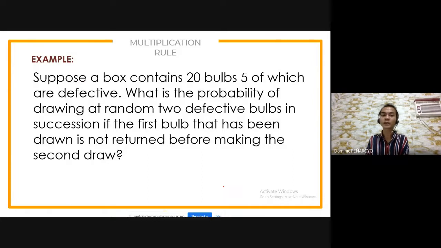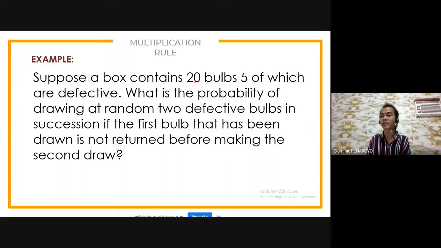Okay, so meron tayong a total of 20 bulbs in a box. So that's the total number of sample points na meron tayo. Okay, and 5 of which daw are defective. So what is the probability of drawing at random 2 defective bulbs in succession if the first bulb is not returned?